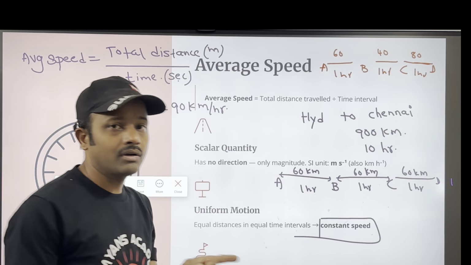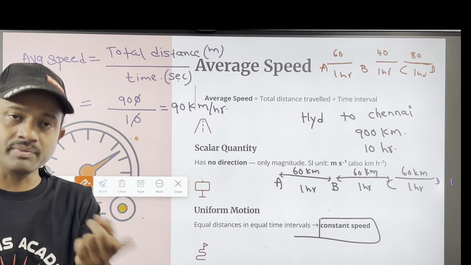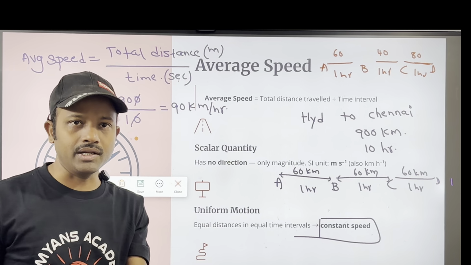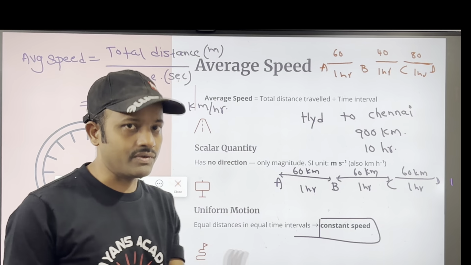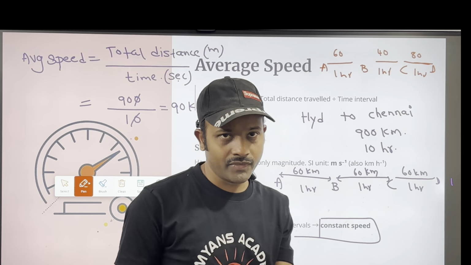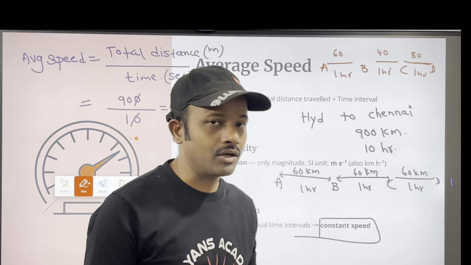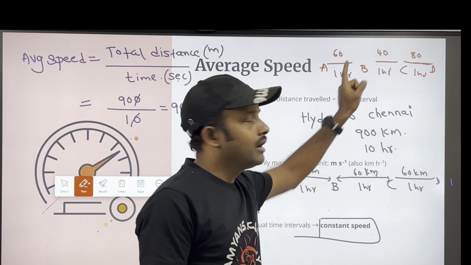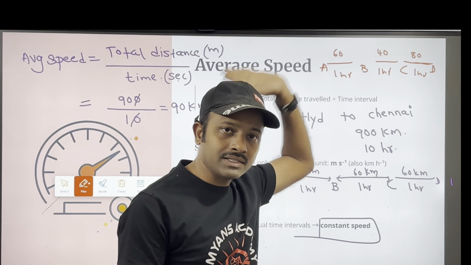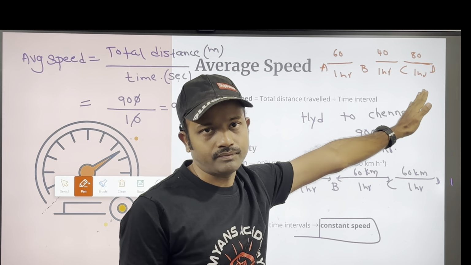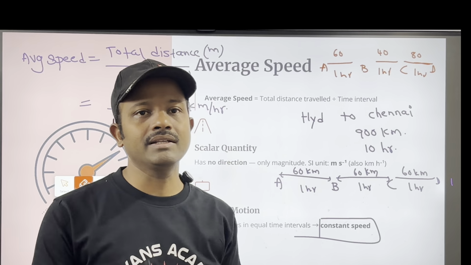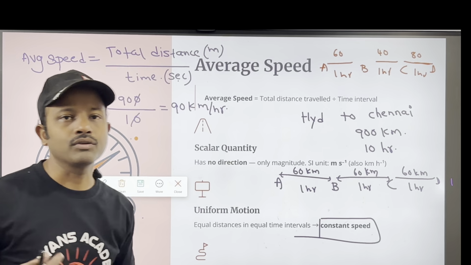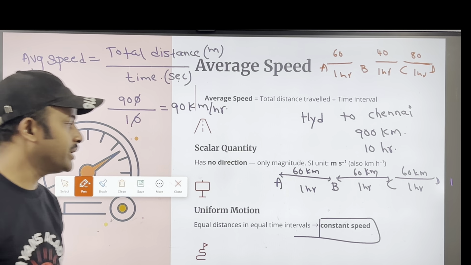That means you are not moving with constant speed. Your speed is varying, depending upon road conditions or traffic situations. In that case, it is not uniform motion; it is only non-uniform motion. If your speed is varying with respect to time, that is said to be non-uniform motion.